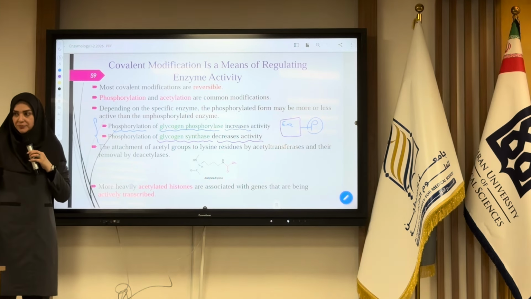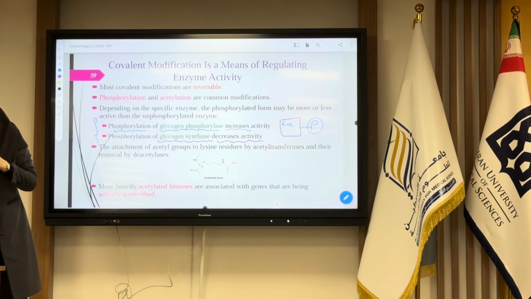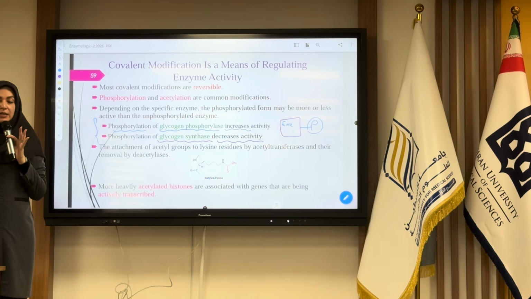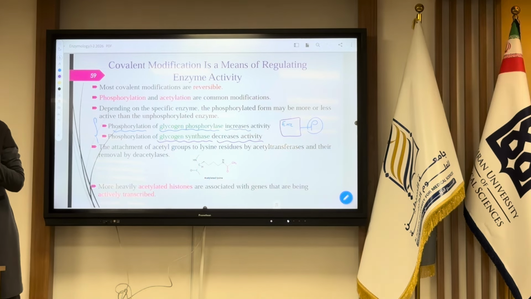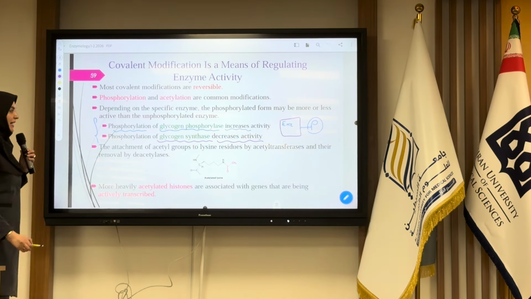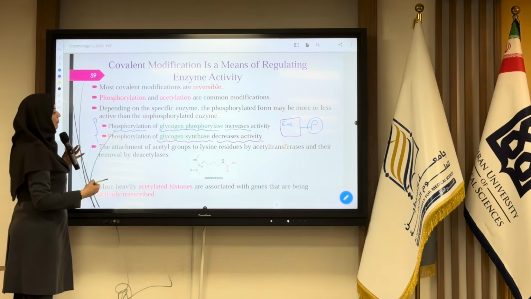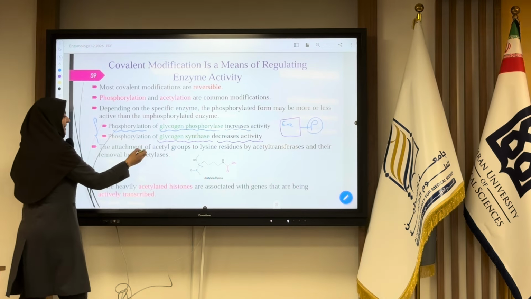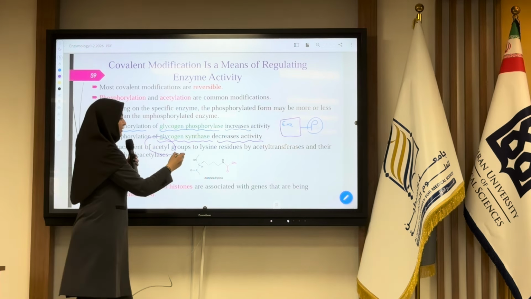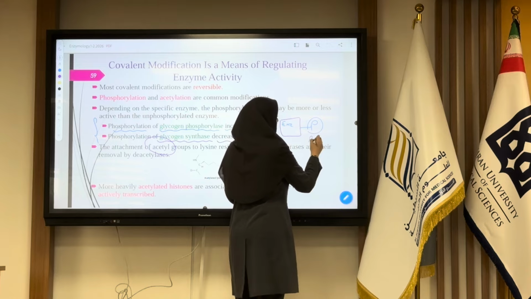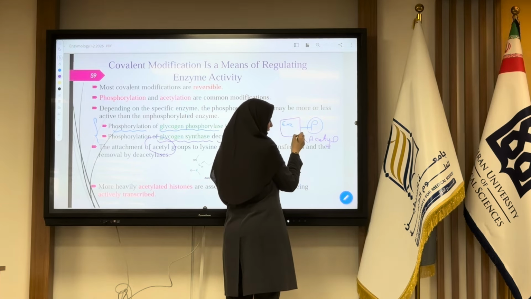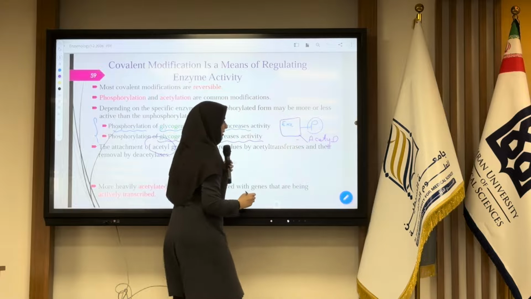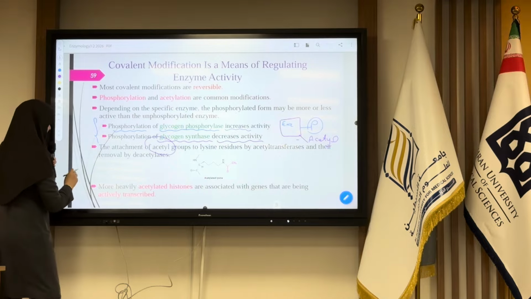Do you understand? So we cannot say that there is a fixed rule. It depends on your enzyme. And another molecule you can add is the acetyl group. In addition to phosphor, sometimes you add an acetyl, sometimes it activates the enzyme, sometimes it inhibits the enzyme, okay?